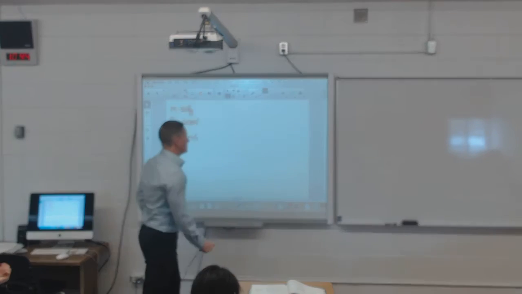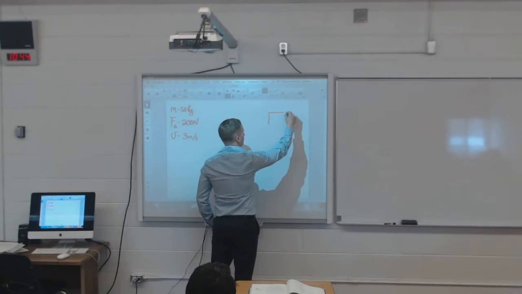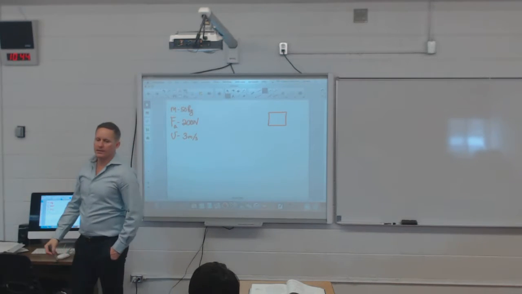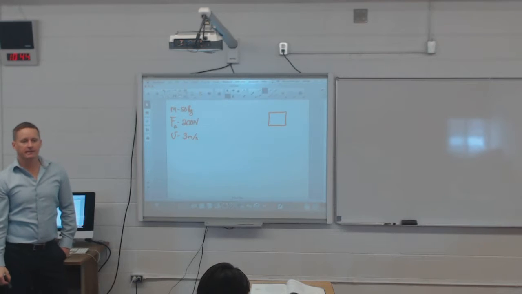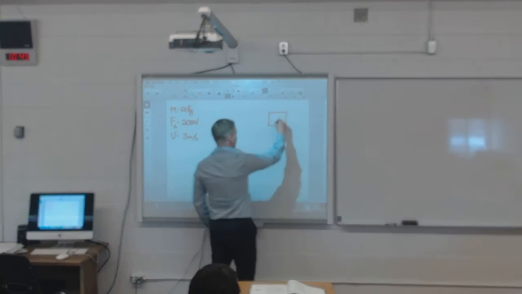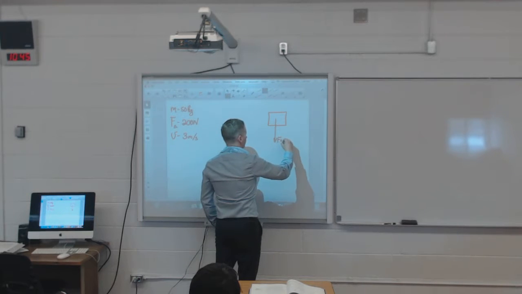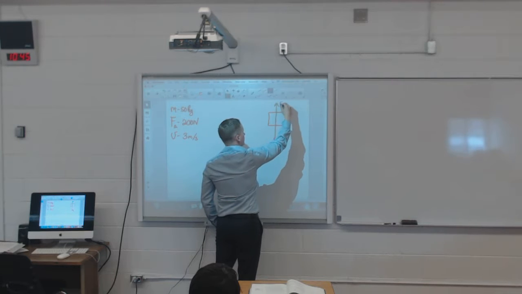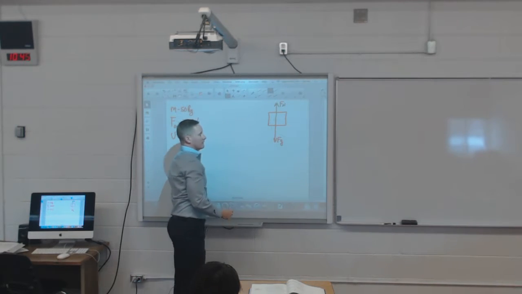All right, so first thing we're going to do is draw our diagram. What are the forces acting on this? Force of gravity, number 1. Then normal force, acting against it. And force applied.